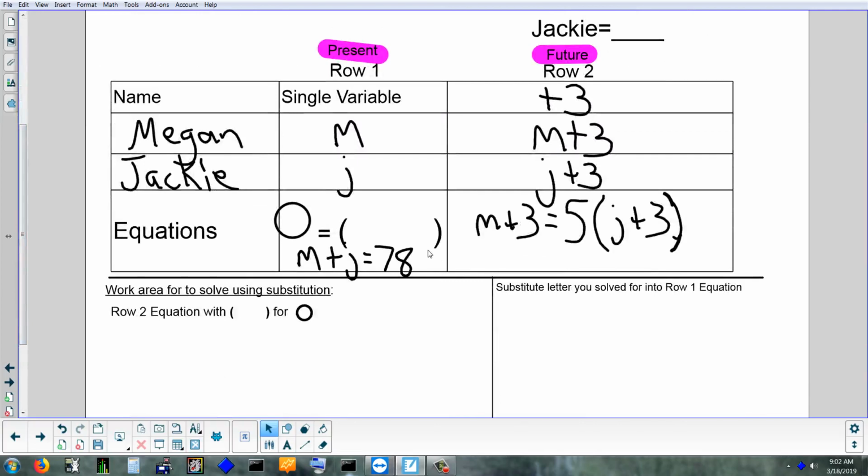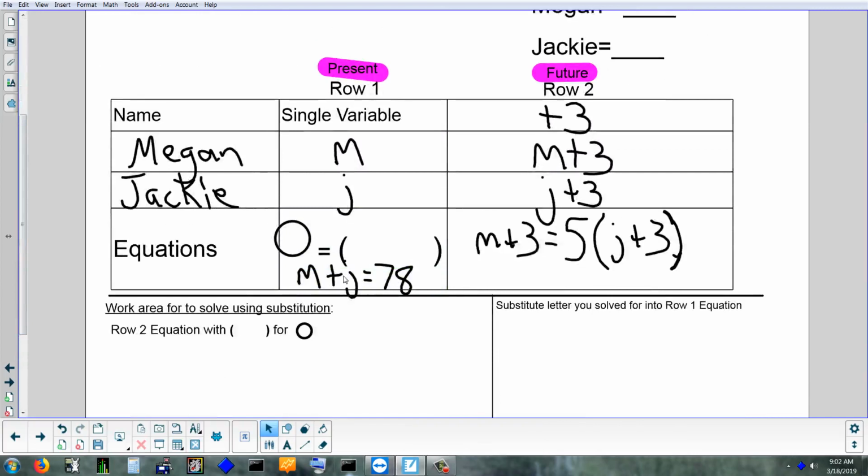Now, we can't use substitution right now because why? Yeah, one of the variables isn't by itself. I have to have a variable by itself to be able to do substitution. So what do I need to do to get one of those variables by themselves? Do you know, Joe? Like if I wanted to say m equals, what do I have to do?